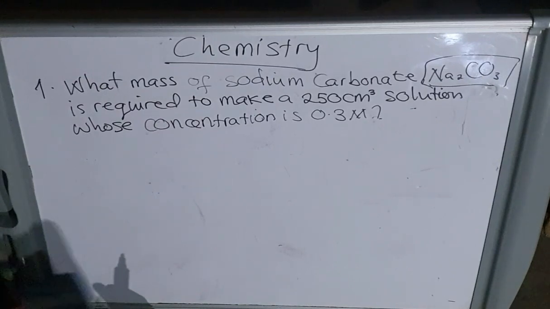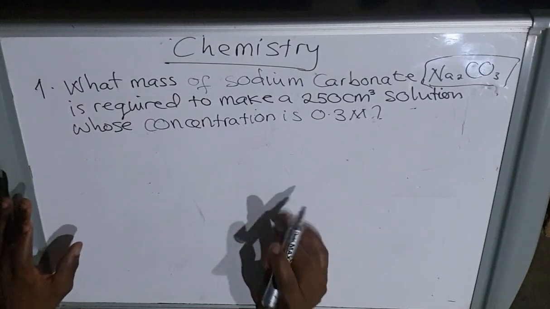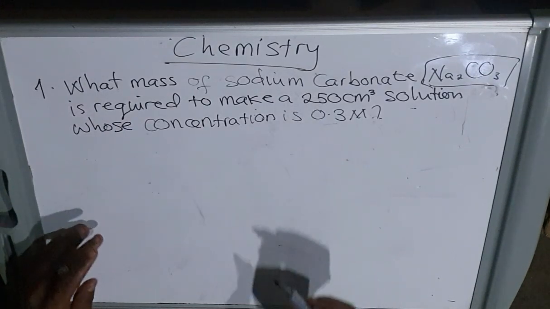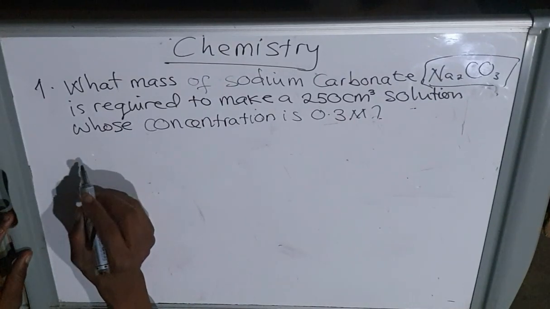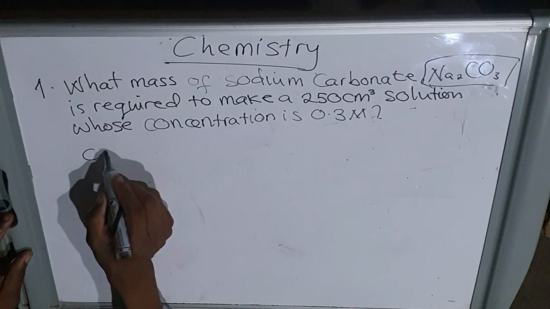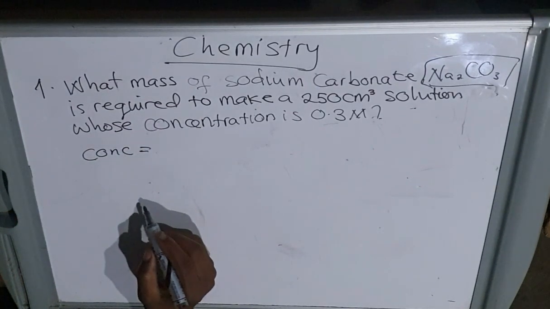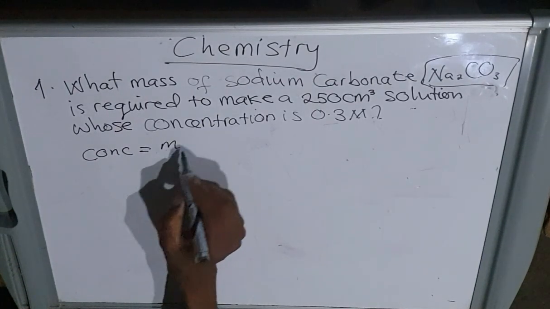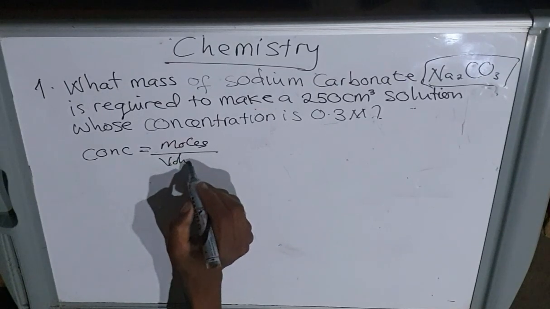So what we are going to do first, we have to find the number of moles using the formula for concentration, because concentration is given and the volume is given. So we have to find the number of moles. Now we all know that the concentration is equal to the number of moles of a substance over the volume of a substance.